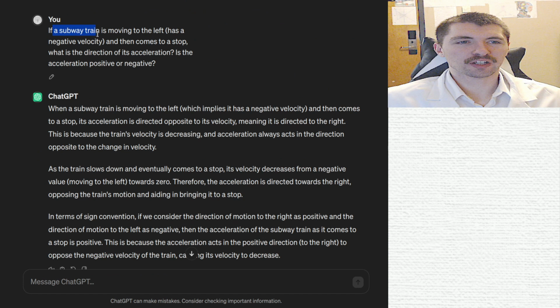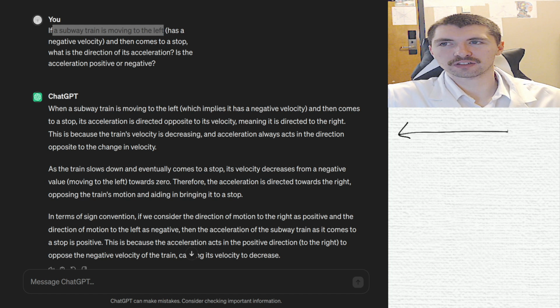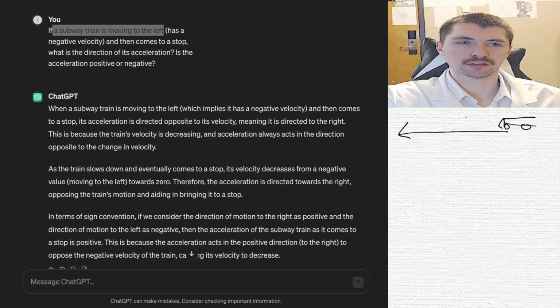If a subway train is moving to the left, so it's got a negative velocity. Okay, it's a train. Train's moving to the left. It comes to a stop.